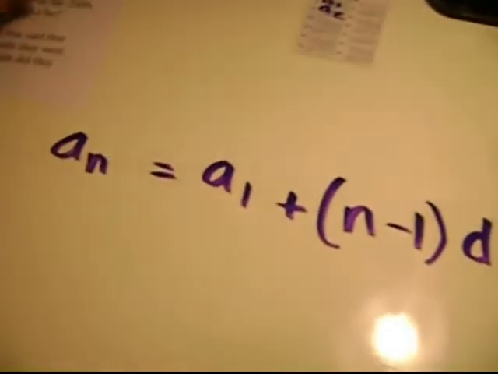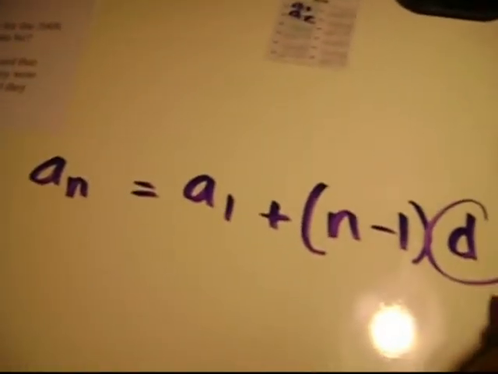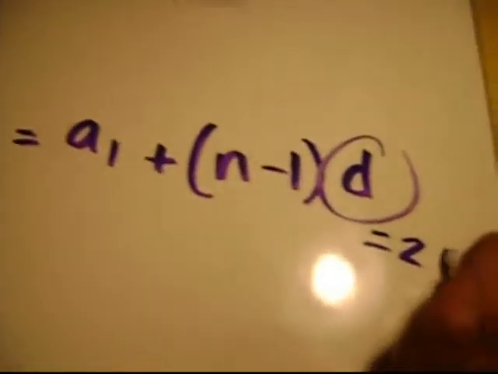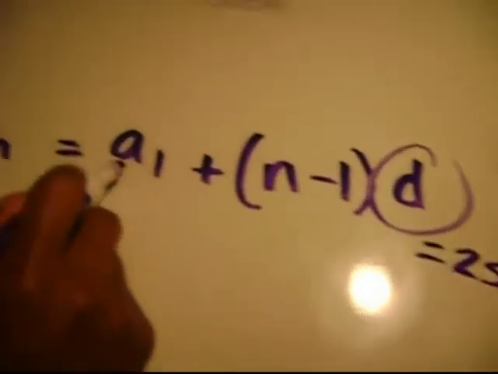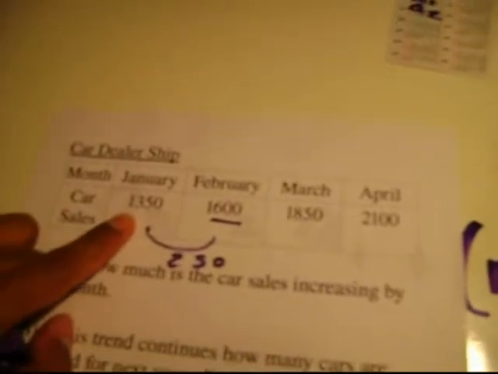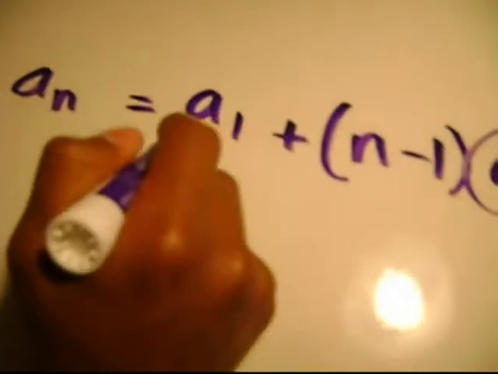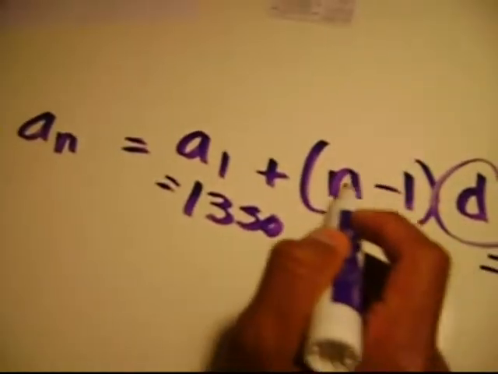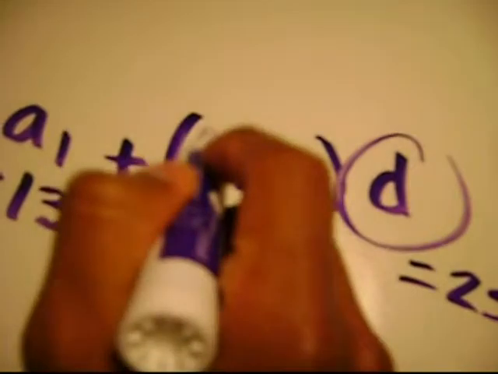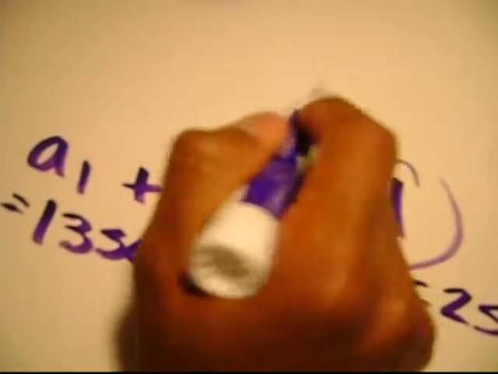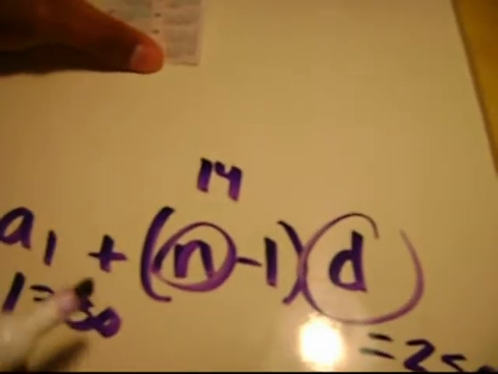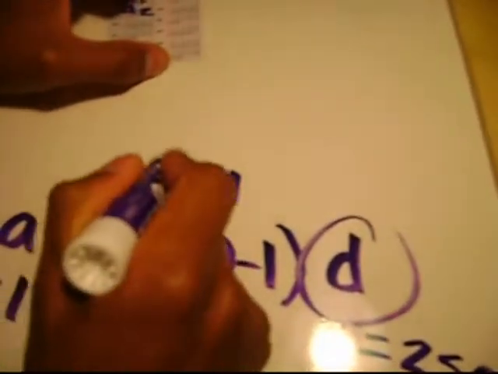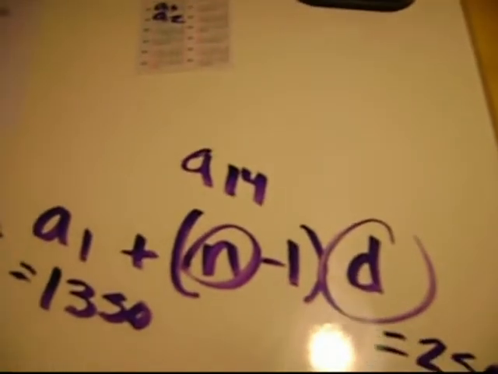We found that the difference in cars was 250, so d equals 250. A1 is your first term, which is January, where they sold 1,350 cars. And n is the term you want, and we want next year's February, so that would be 14. If we keep going, we would find that it goes to A14. So we're trying to find A14.